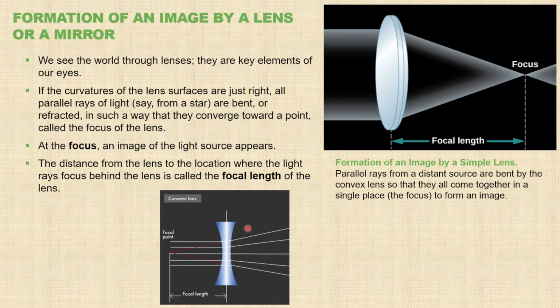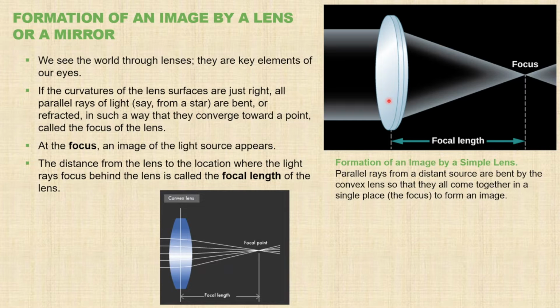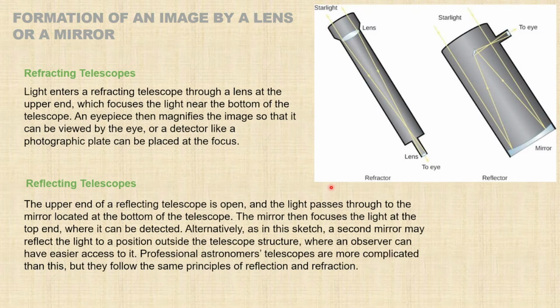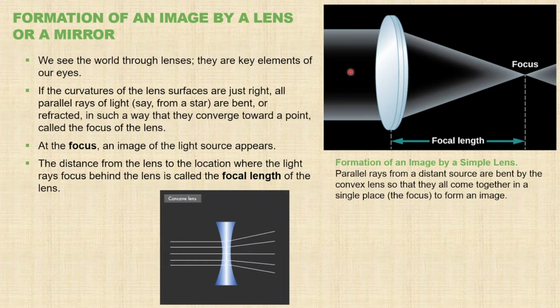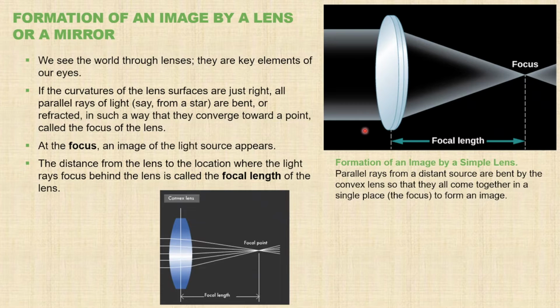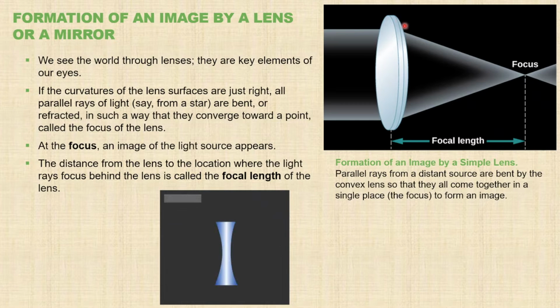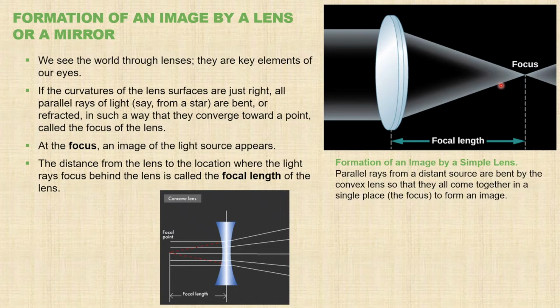Now, inside a telescope, the starlight enters the opening of the telescope. Like this is the starlight here, and the ray model is given down here. This is all starlight entering a convex lens, which converges the light to a single point called the focus.